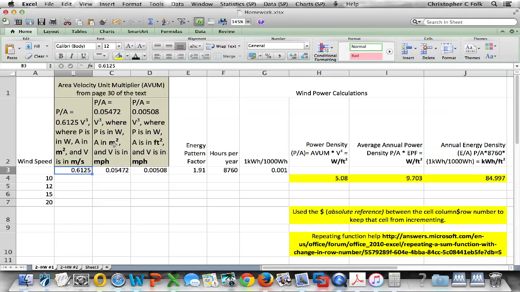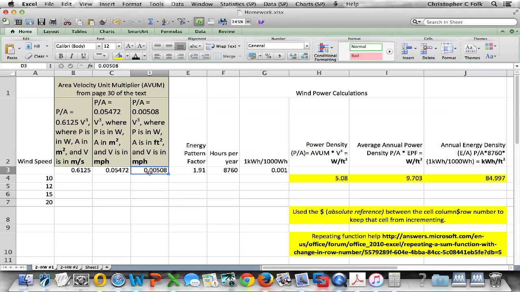If I'm going to use meters squared as my area and miles per hour, then I need this multiplier. But in our example, we're going to use square feet of area and miles per hour, so we use this. So I created a new acronym called the AVUM. All right, so I use those numbers here.